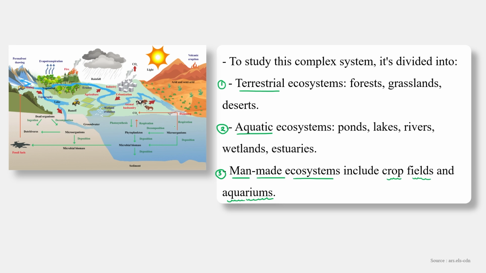As you can see, this is a water body. Here are some microbes, zooplankton, phytoplankton, some small animals, crustaceans and fishes. So this small water body can act as an aquatic ecosystem.